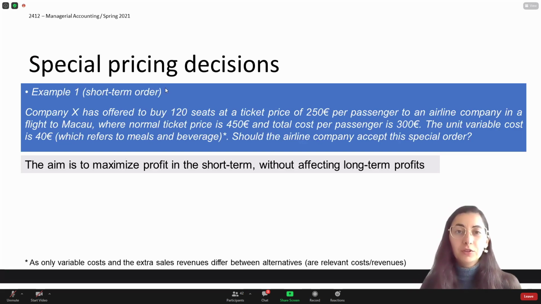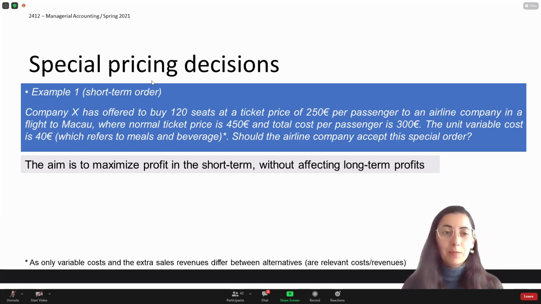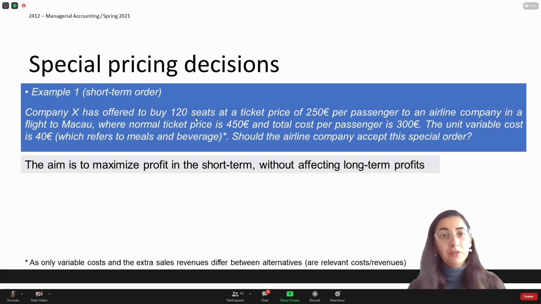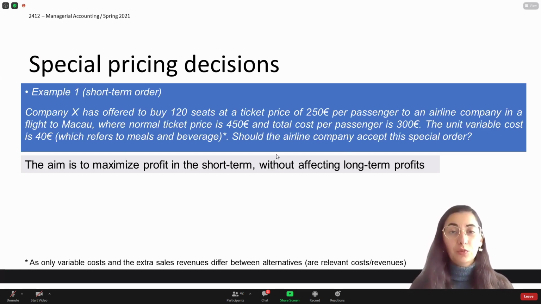The relevant cost of accepting this order is 40 euros times the 150 seats. The difference between these relevant revenues and relevant costs is 24,000 in profit, and we can have this extra 24,000 if the company has excess capacity.